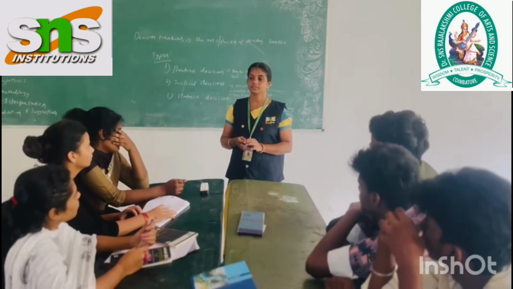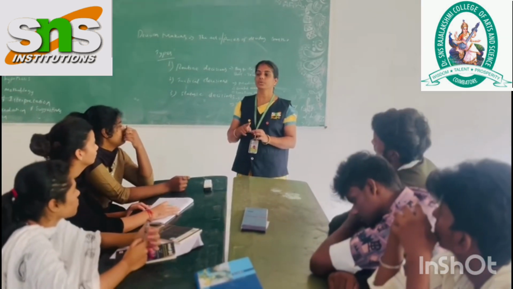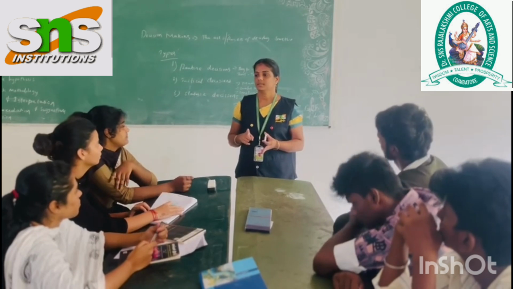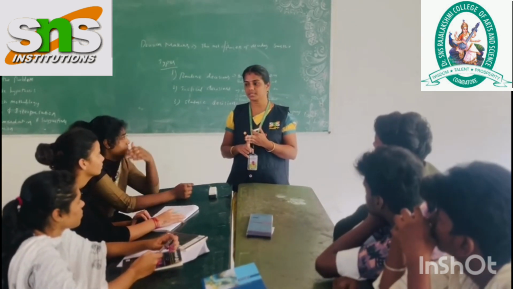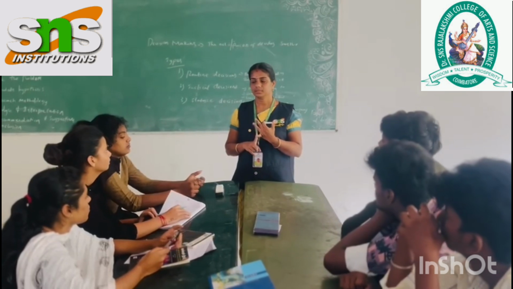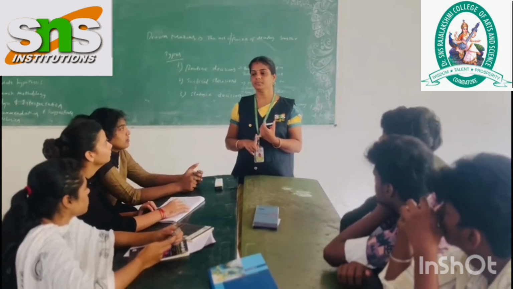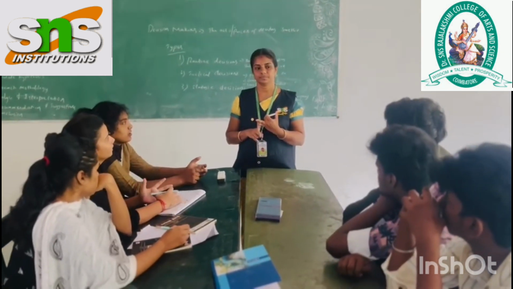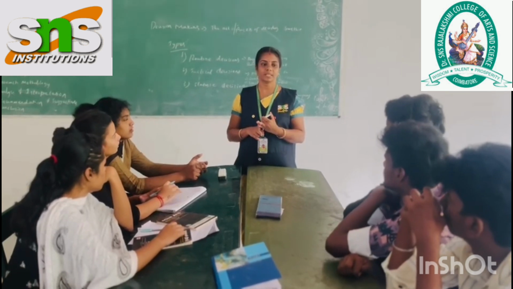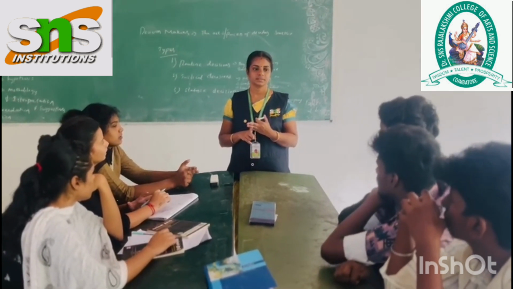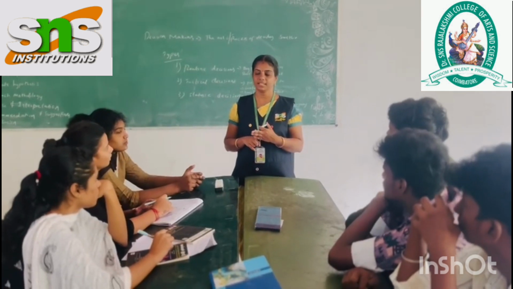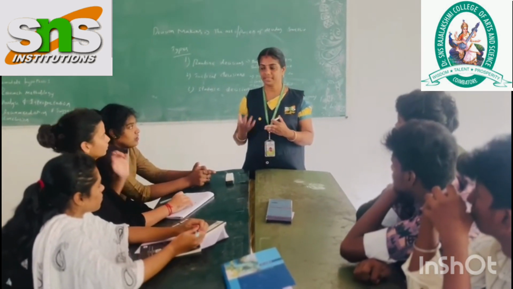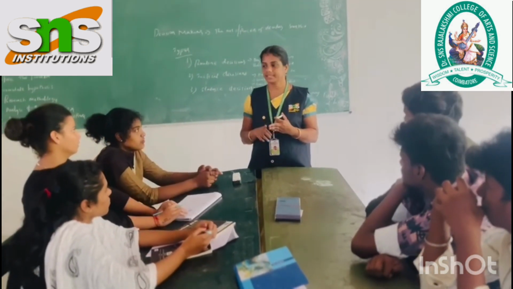So students, now we are going to recap the decision making process. What are the steps involved? The first one, identify the problem. Gathering the information. After collecting the information we receive many alternative solutions.